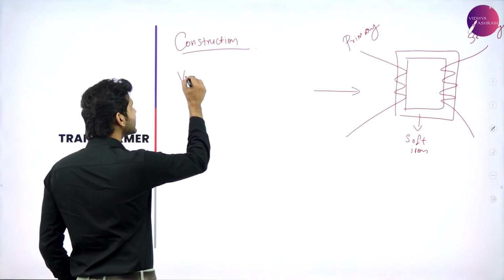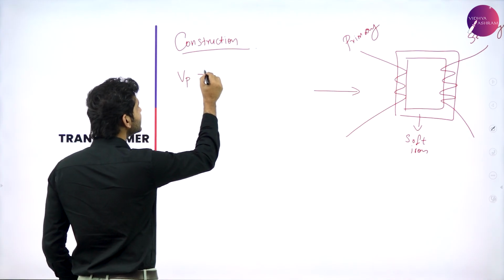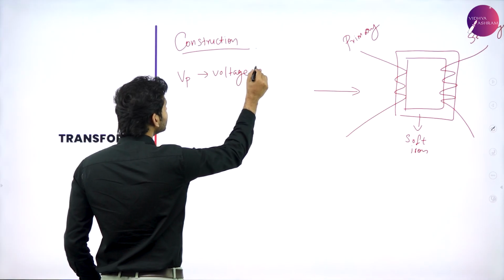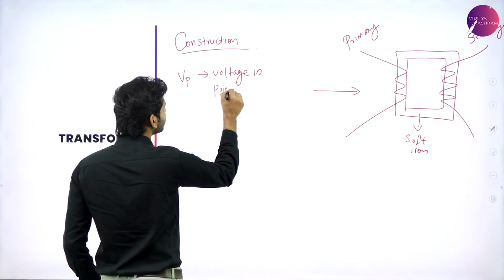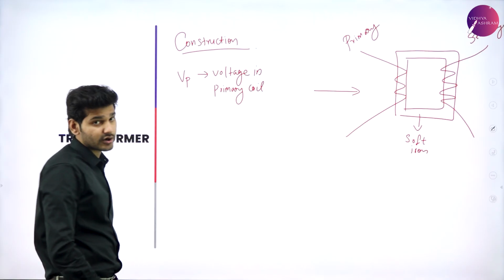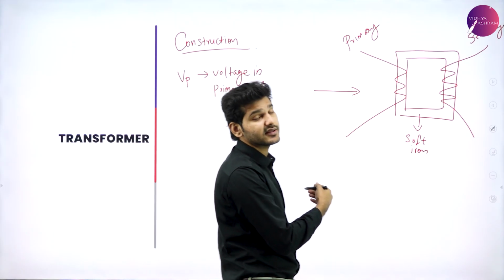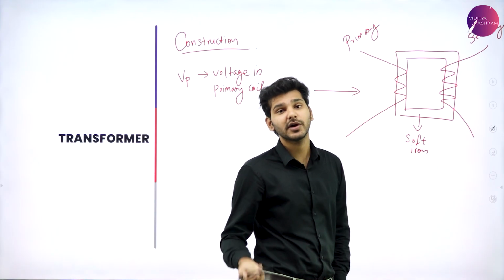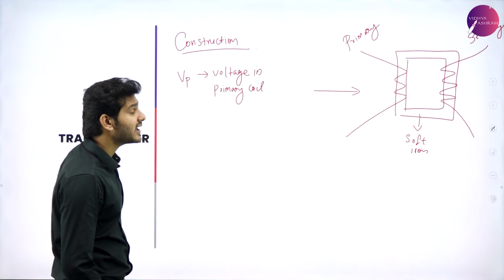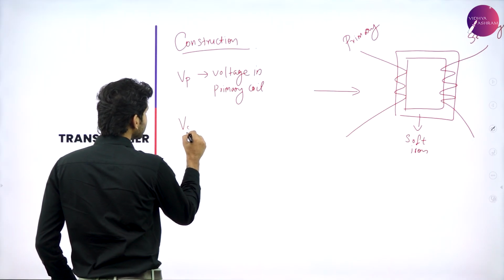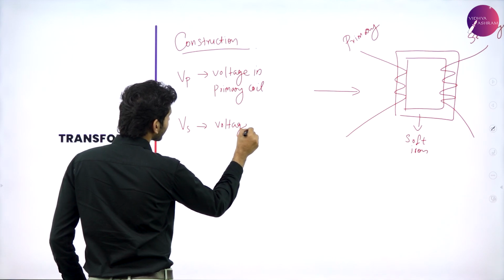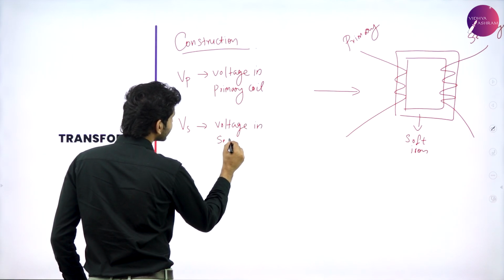It is indicated by Vp. Vp means voltage in the primary coil. And now automatically, if the primary coil voltage is indicated by Vp, the secondary coil voltage will be indicated by Vs. So Vs will be voltage in the secondary coil.